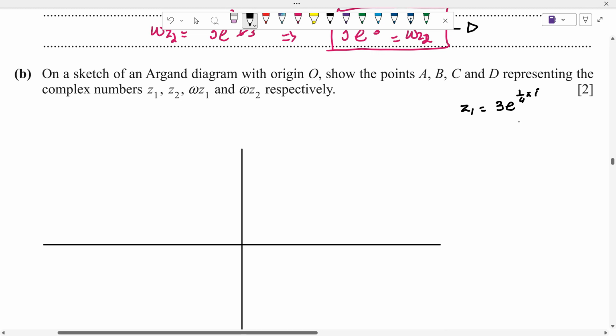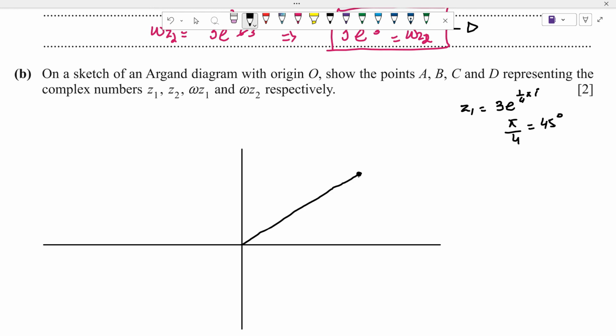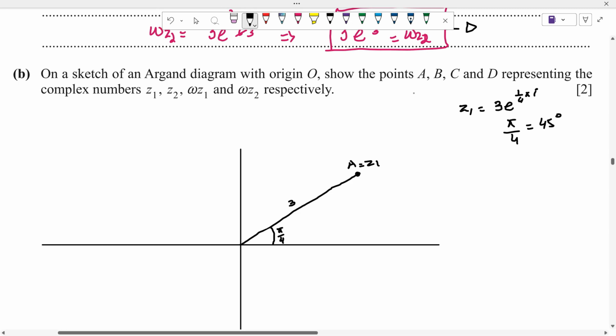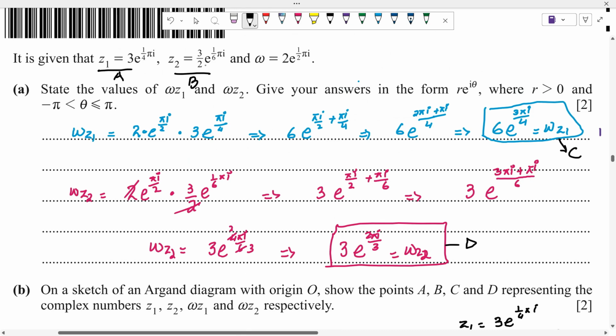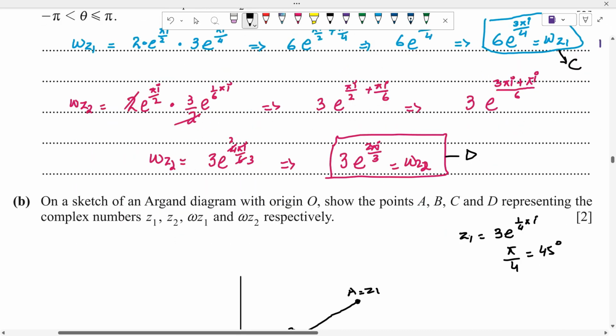In this case, the argument is pi by 4, which is equal to 45 degrees, and the length of z1 is 3. So we plot this one. This one is z1, point A, because its length is 3 and the angle is pi by 4.